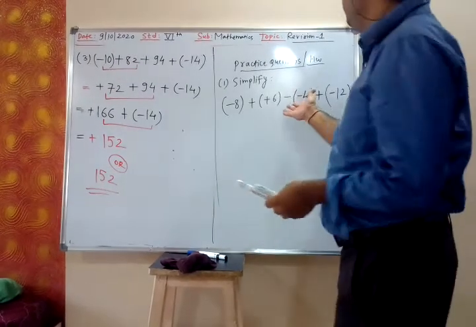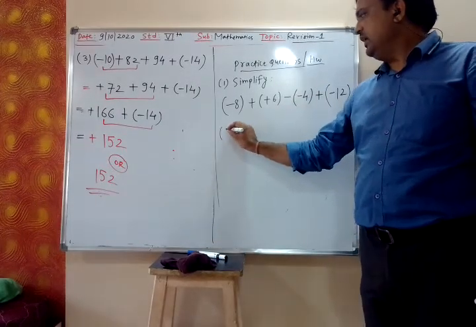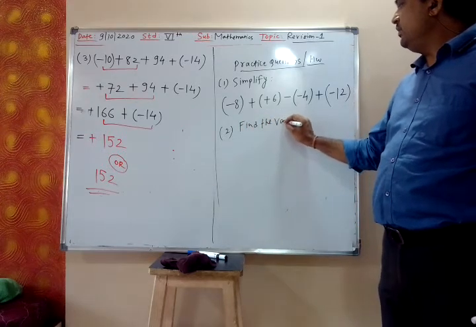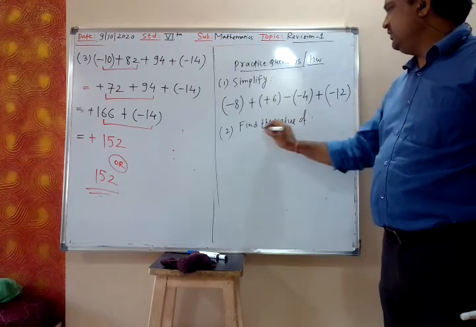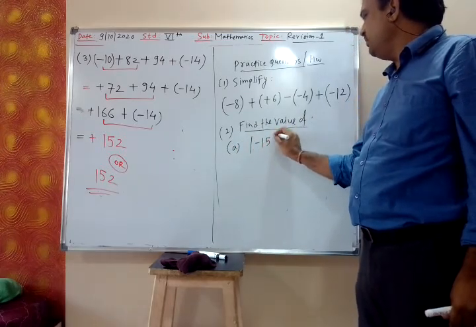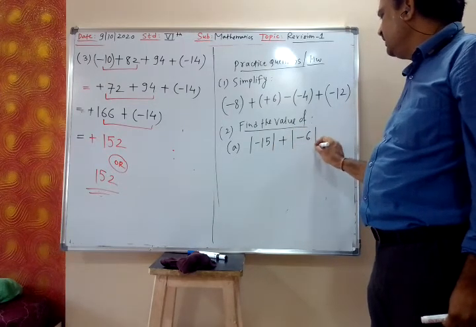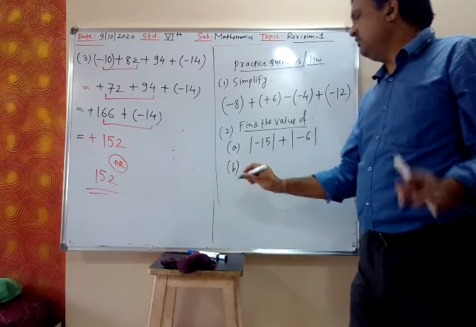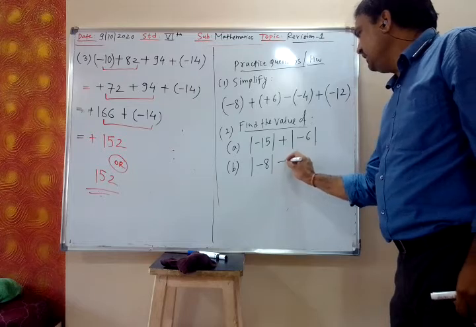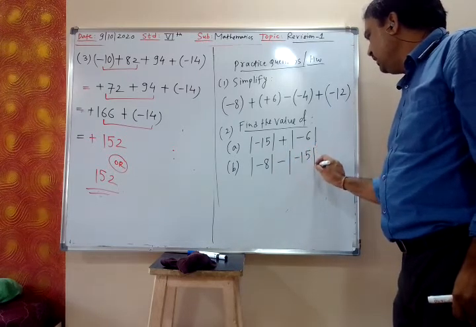Using the number line you have to solve. Let me give you one more. Second, find the value of: A, mod of minus 15 plus mod of minus 6. B, mod of minus 8 minus mod of minus 15.